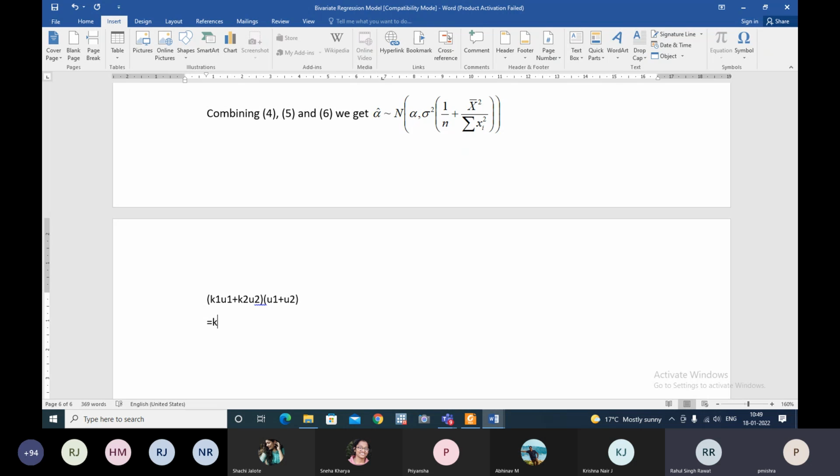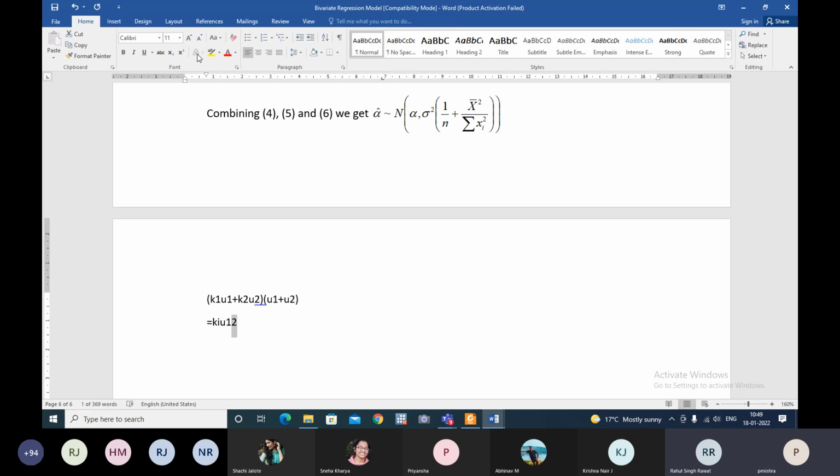I basically get K1 U1 square, plus K2 U1 U2, plus K1 U1 U2, plus K2 U2 square. Am I right?